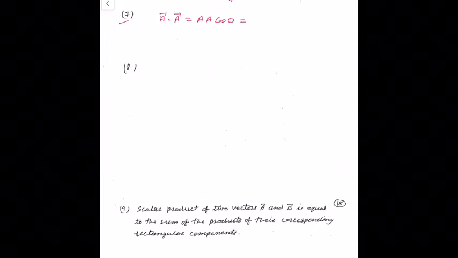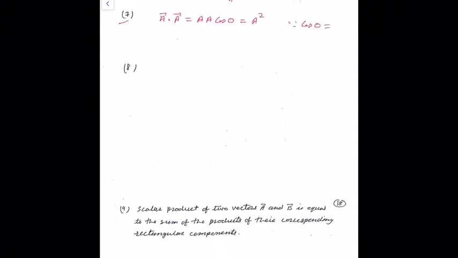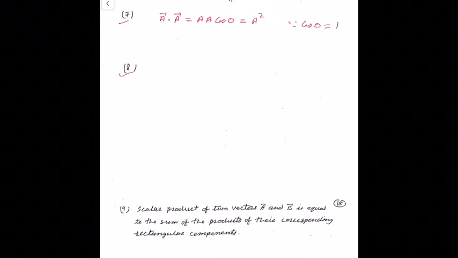So we can write A vector dot A vector is equal to A square, since cos 0 is equal to 1.